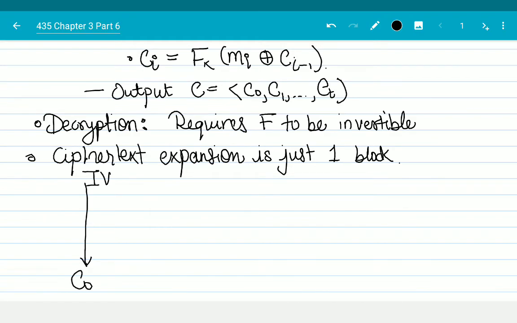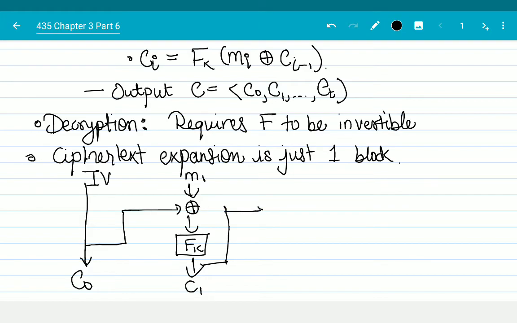So in terms of an image, just to help you visualize what is going on: M1, hit it with FK, output C1.